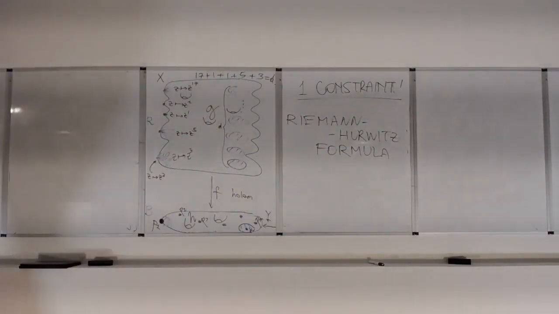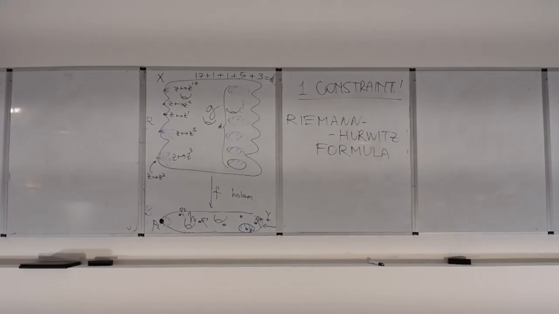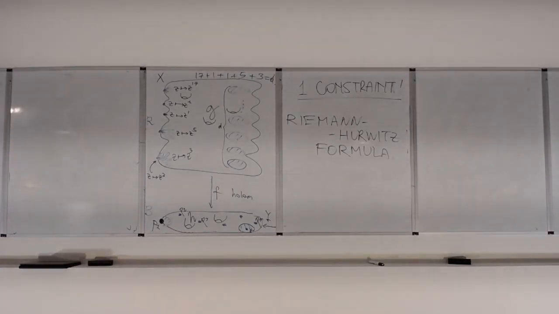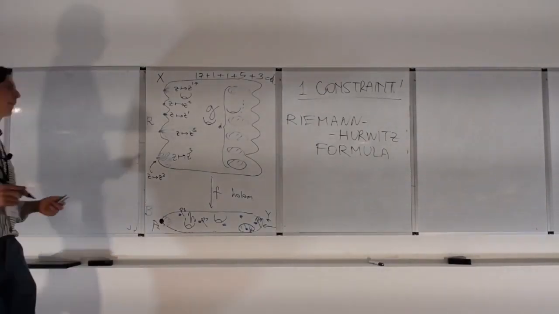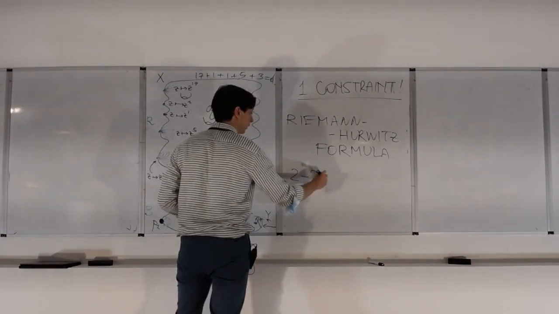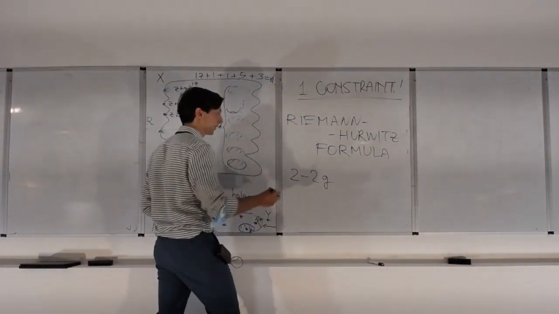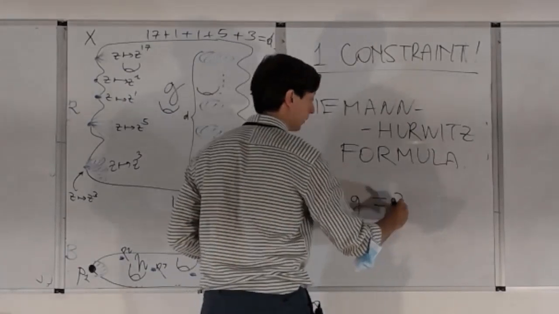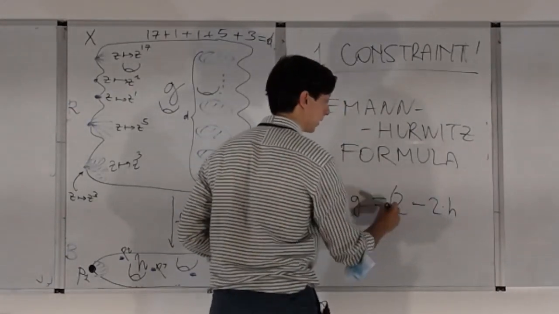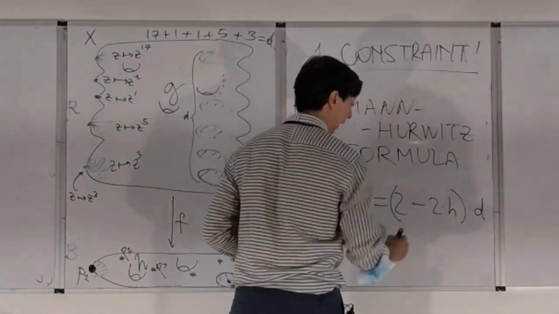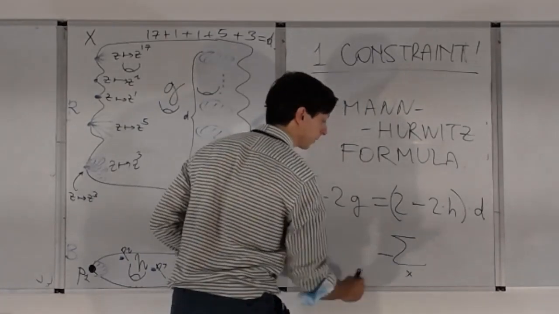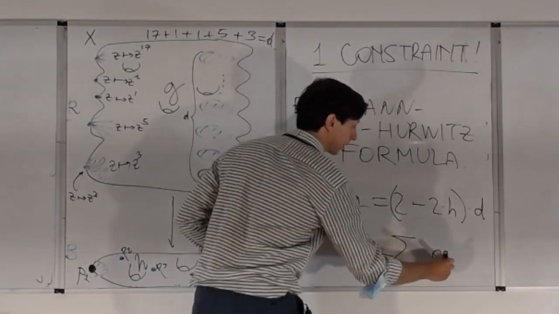So these constraints basically ensure that the Riemann surfaces are compact, that we can close them up. And the constraint is the following. You take 2 minus twice the genus upstairs, and this is equal to 2 minus twice the genus downstairs times the degree, and then you have to subtract the sum over all x of e_x minus 1.